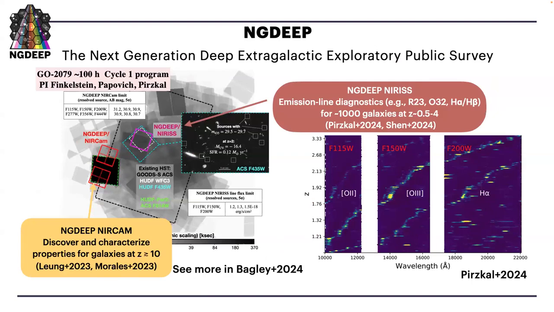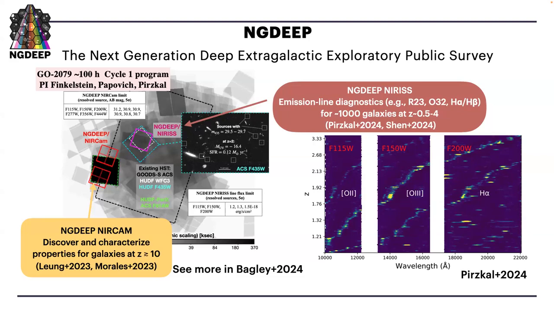And some more details for the NGDeep survey. This is a cycle 1 program, and we are using parallel observations. One is NIRCam imaging that covers very deep imaging in HST F115W and F444W. This is optimized for observing galaxies at redshift of 10 and above.